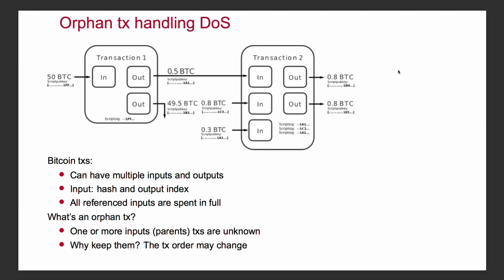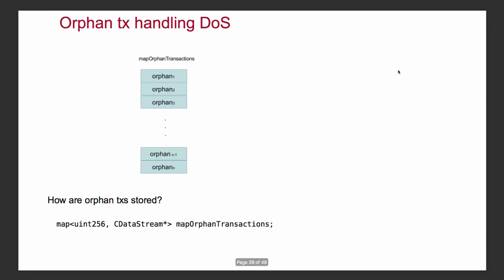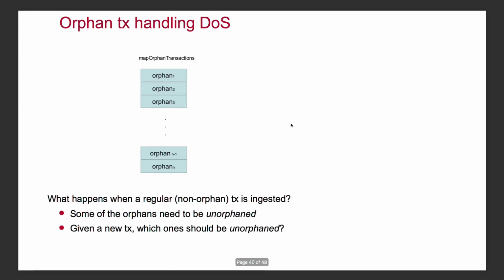Bitcoin has to keep these transactions because this is a peer-to-peer network, and the order of transactions is not guaranteed. So how does Bitcoin handle these transactions? First of all, there is an orphan transaction map, which maps hashes of transactions into transactions themselves. So it's just a map, which is reasonable.